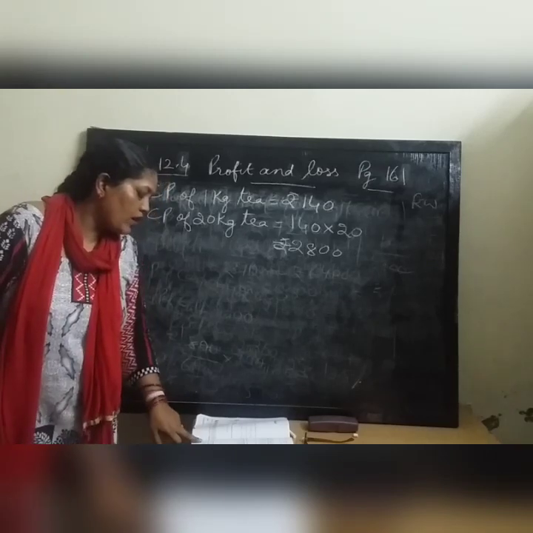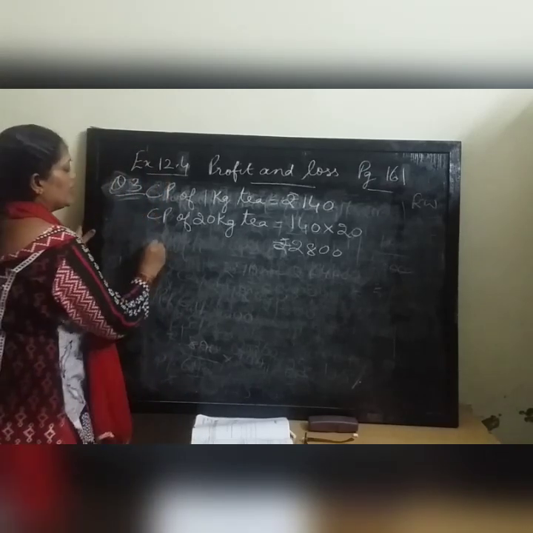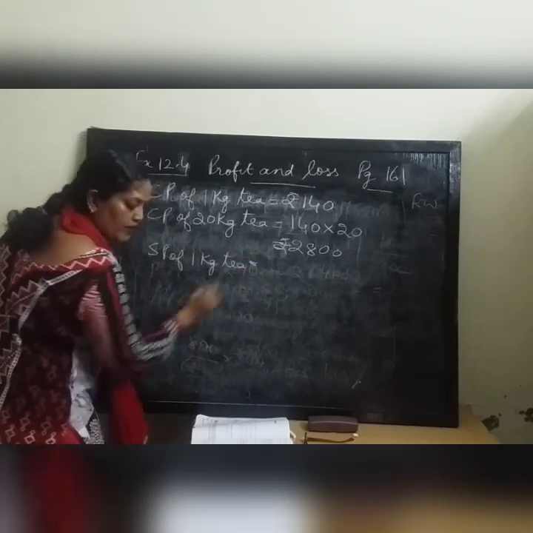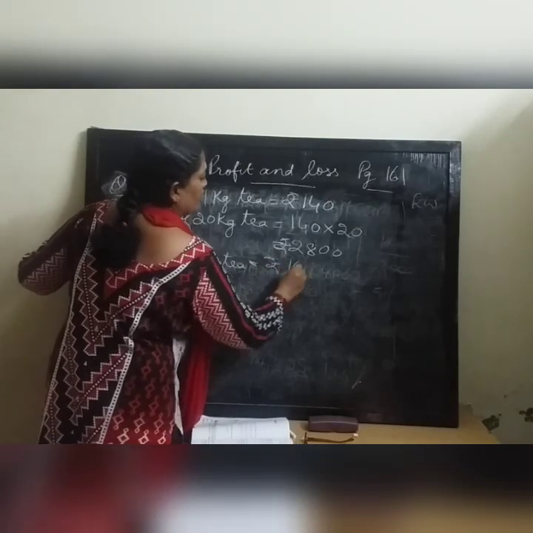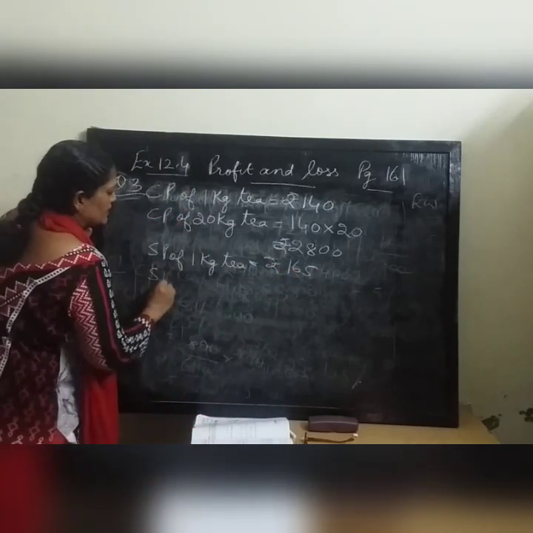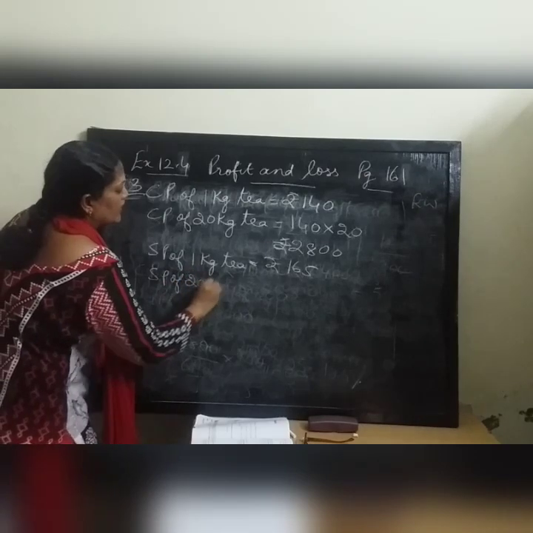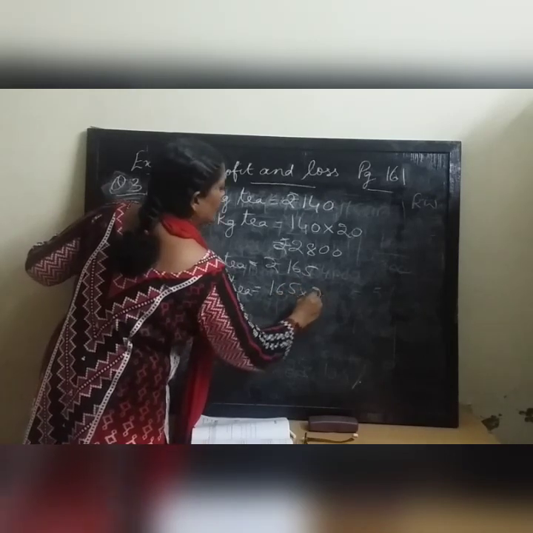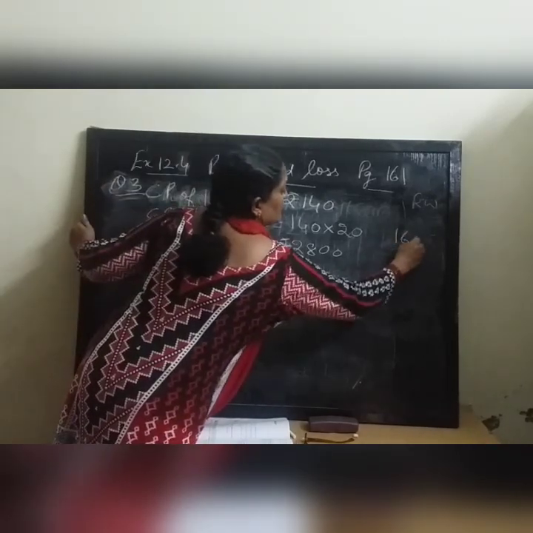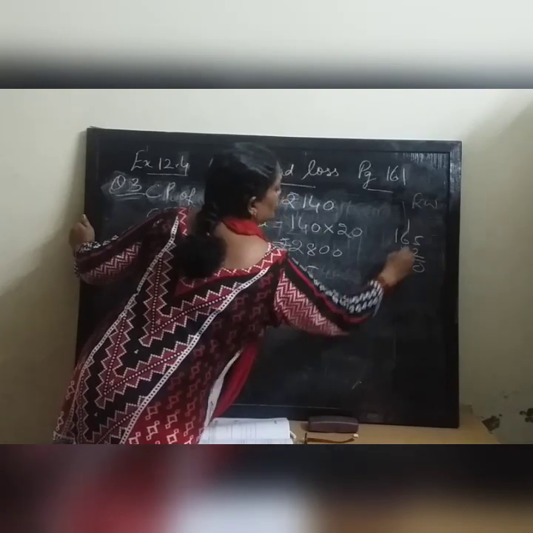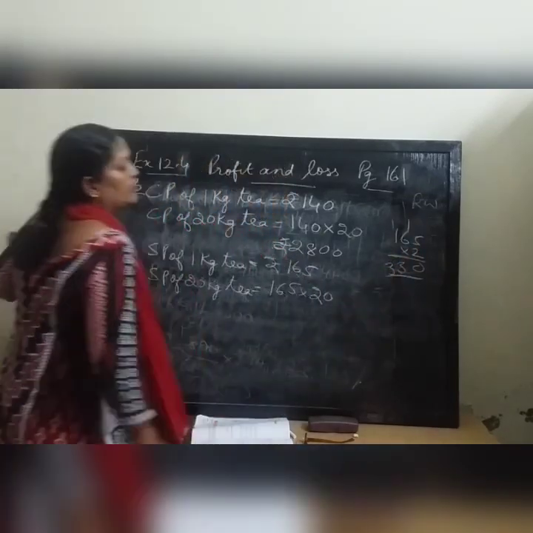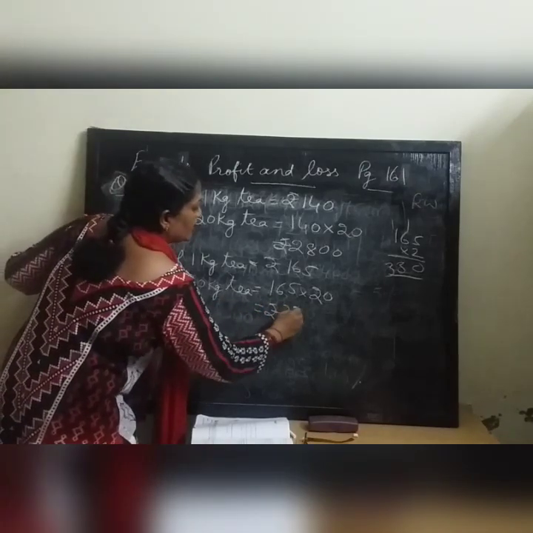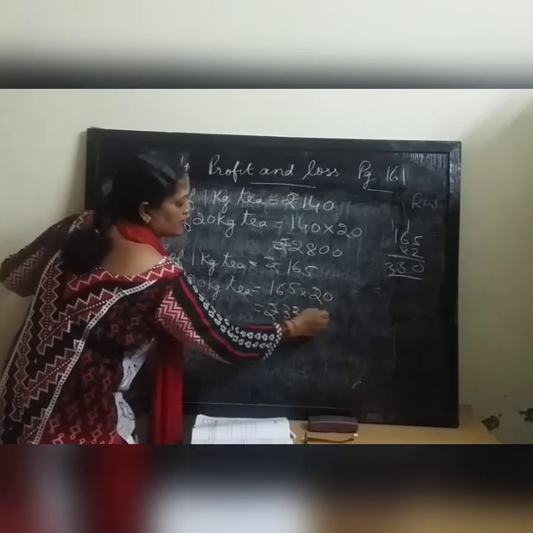He sold it at the cost of 165 per kg. Selling price of 1 kg tea is rupees 165. How many kg will he sell? 20 kg. Selling price of 20 kg tea is 165 into 20. You can multiply 165 into 2 in the rough column. 330, that means 165 twos are 330. 1 zero at the back, so 3300.